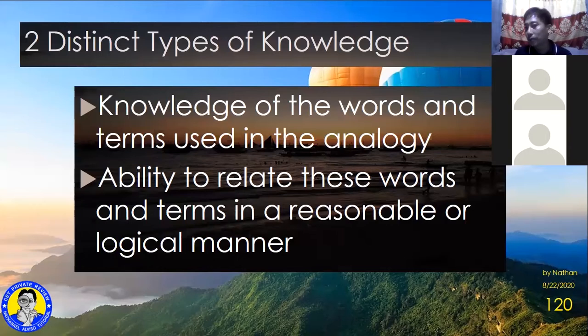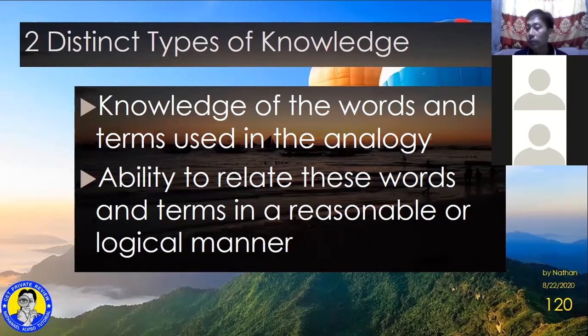I've decided that it's better that we still review how we do the analysis when answering analogy questions. So I will have a short discussion of that. There are 2 distinct types of knowledge that you will use when you're answering analogy. One is the knowledge of the words and terms used in the analogy.